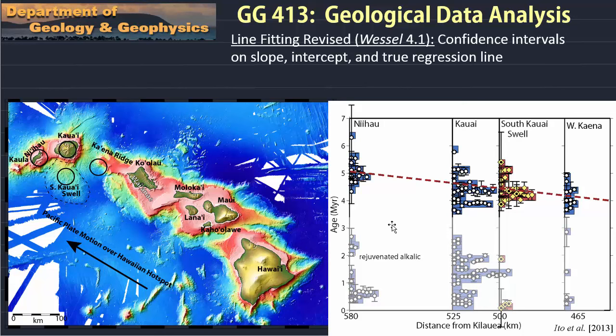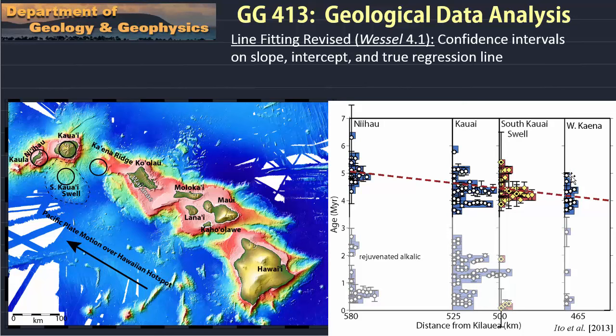And the younger ages here are rejuvenated lavas, and let's not consider those, but we'll focus on the tholeiites, which are at the older ages. And as you can see, there's a tendency for each cluster of ages to increase as you move further away from Kilauea, the horizontal axis being distance from Kilauea. And this is well explained by this motion of the Pacific plate over the fixed hotspot.